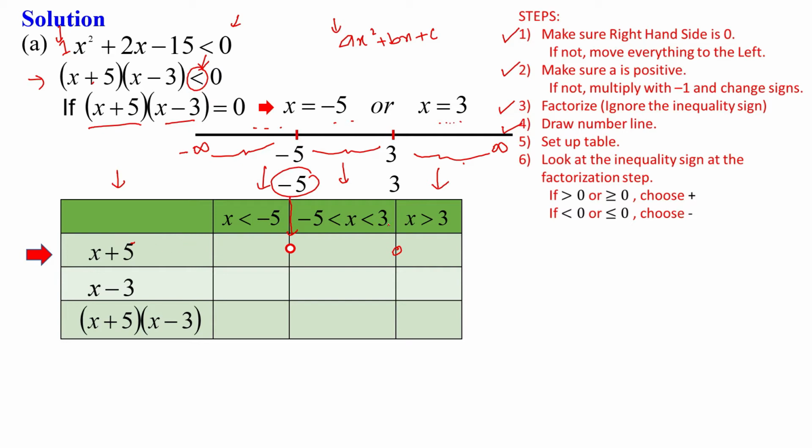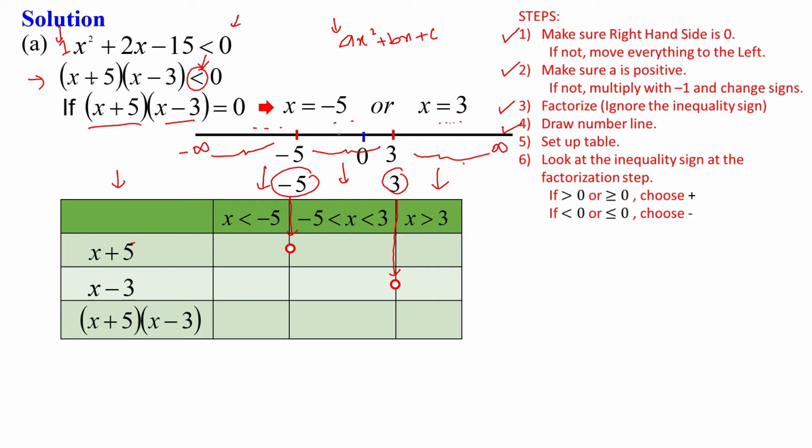So it's not at 3. Next, the value that makes x minus 3 factor 0 will be the value 3. So just write your empty circle right here at the value of 3. So just write empty circle there. This helps you a lot in determining the signs after this.